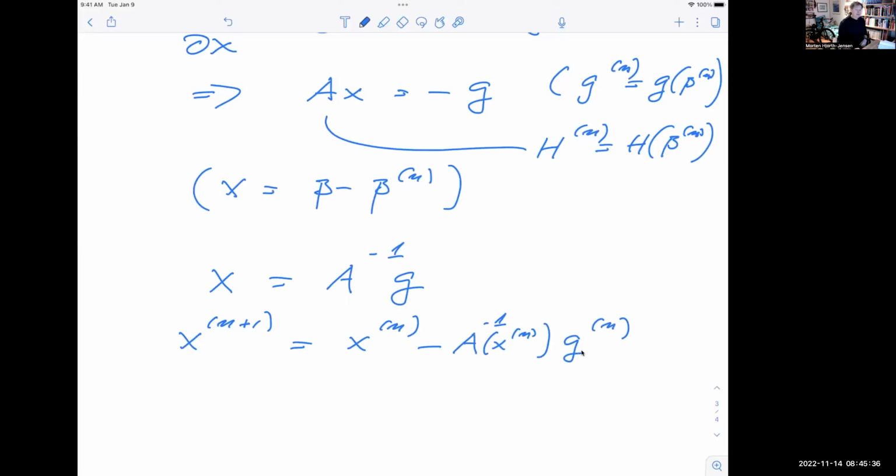So this is the standard scheme which we get when we set up the Newton-Raphson scheme for calculating the update of the quantity in an iterative way.